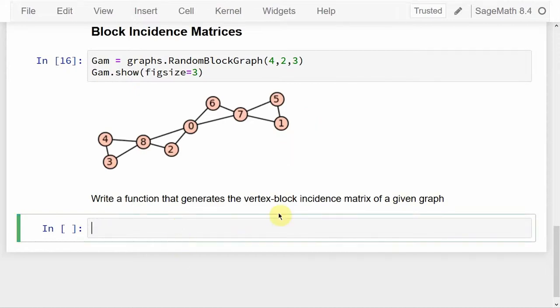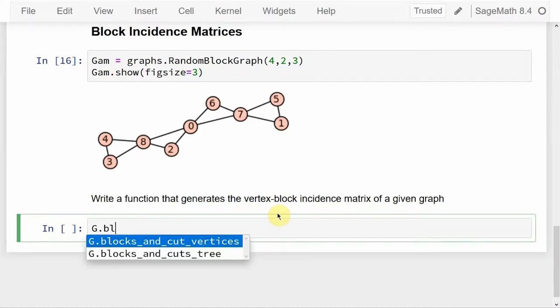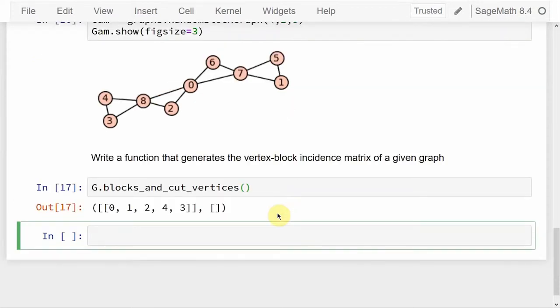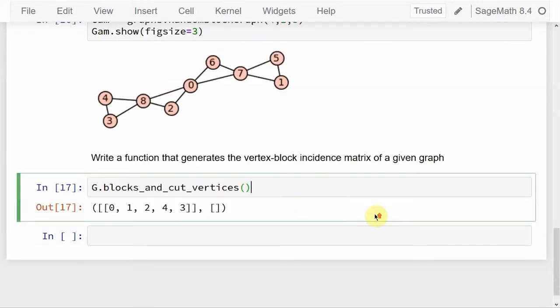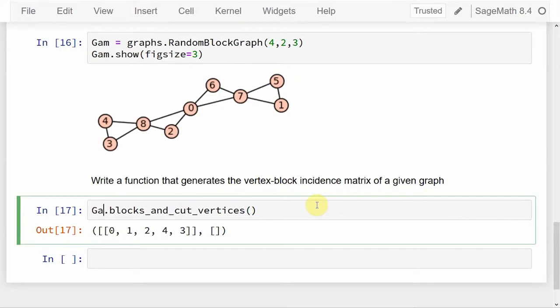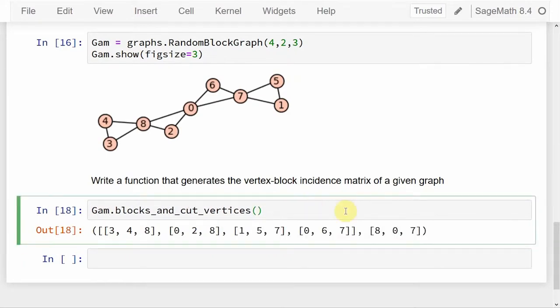For this you might need a function to get you the blocks of the graph. Here, this is a very helpful function. As I said, you don't need graph theory knowledge to find the blocks. Sage will do it for you.